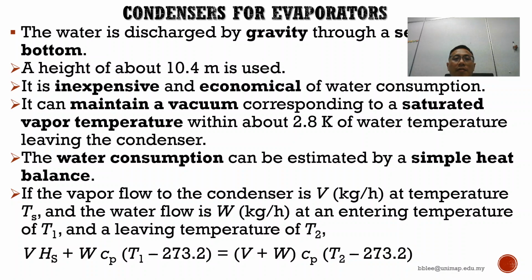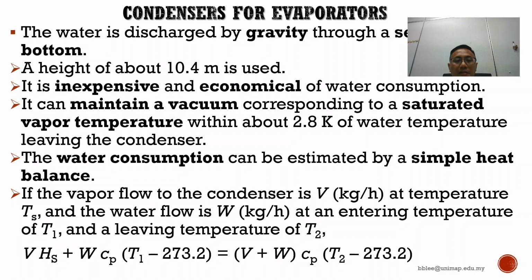A height of about 10.4 meters is used. It is inexpensive and economical in water consumption. It can maintain a vacuum corresponding to a saturated water temperature within about 2.8 Kelvin of the water temperature leaving the condenser. Water consumption can be estimated by a simple heat balance.